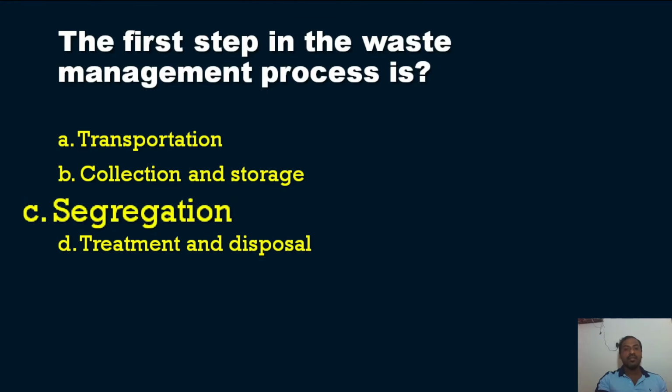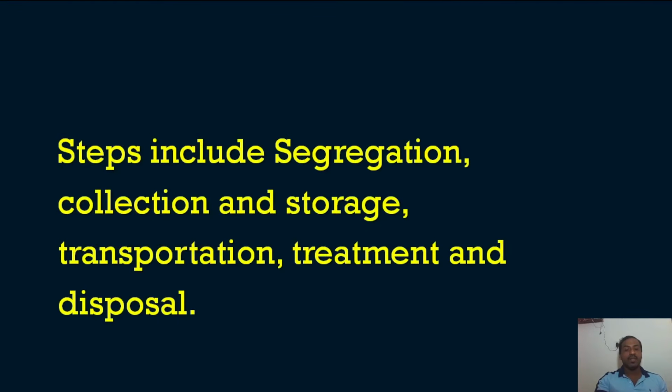The first step in the waste management process is segregation. Segregation should happen at the point of waste development, for example in the ICUs, clinical settings, etc. Then the next steps include collection and storage.